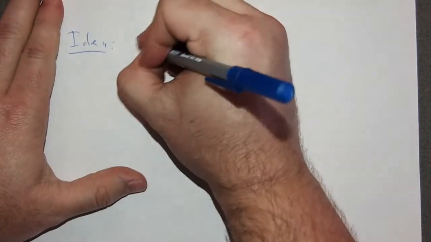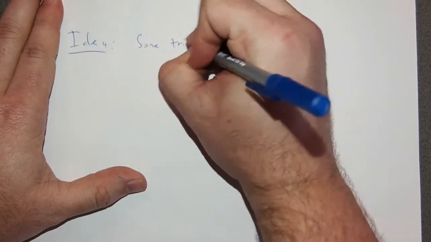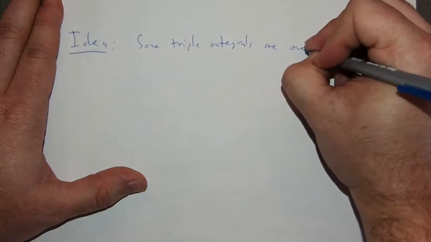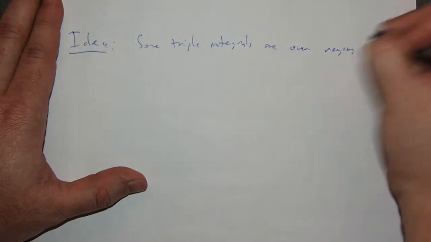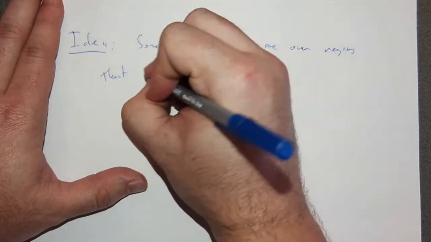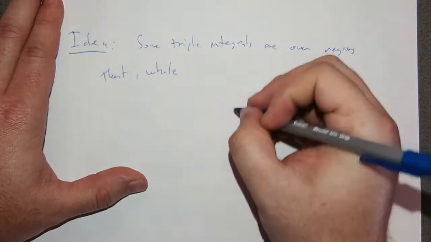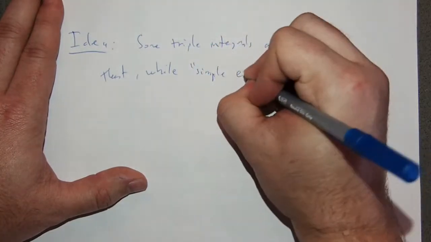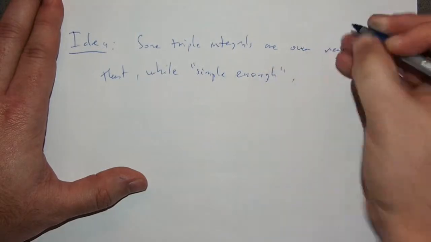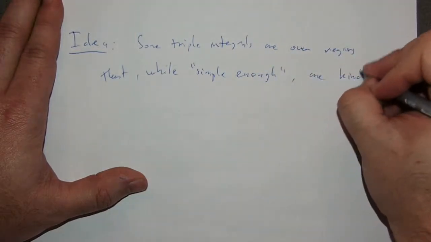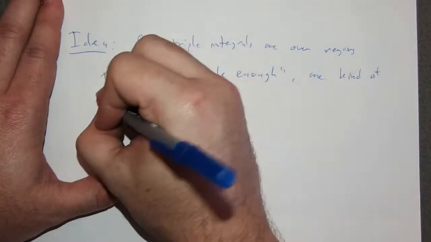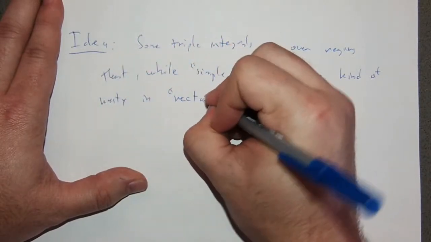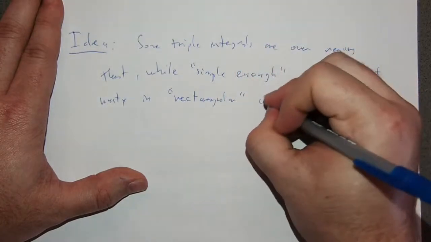Some triple integrals are over regions that, while simple enough, are kind of nasty in rectangular coordinates for space.